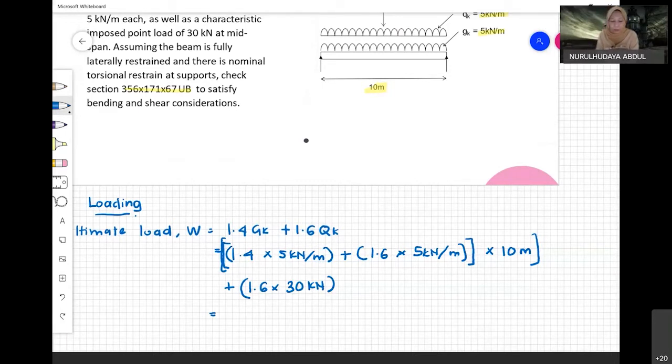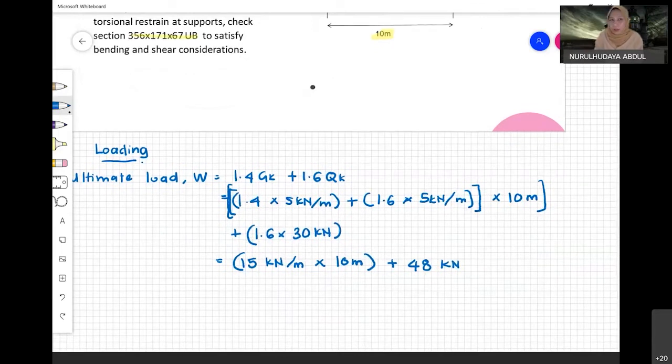So to selesaikan that one, okay, I dapat 15 kilonewton per meter here. Darab 10 meter. And plus with 48 kilonewton. So this one is for 48 ni for point load tu.